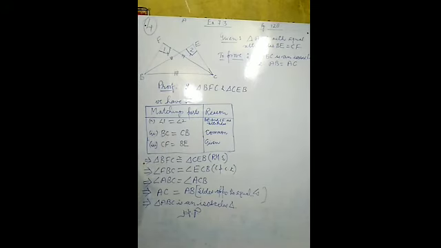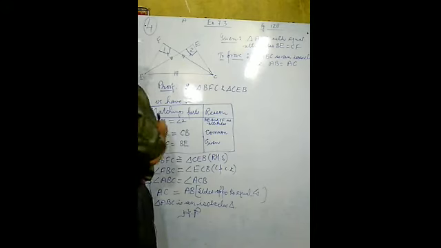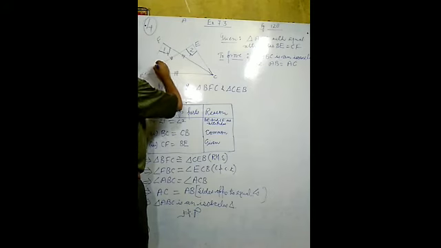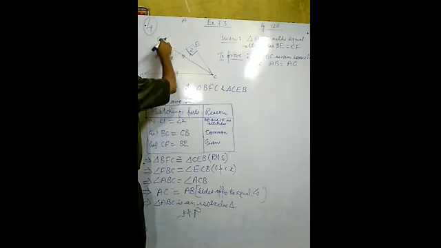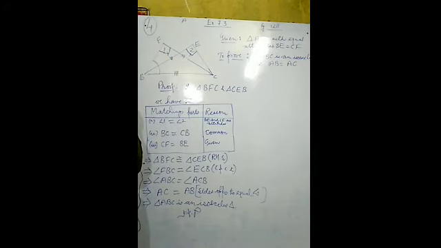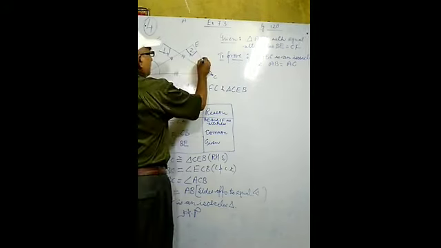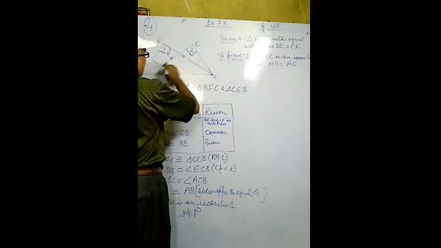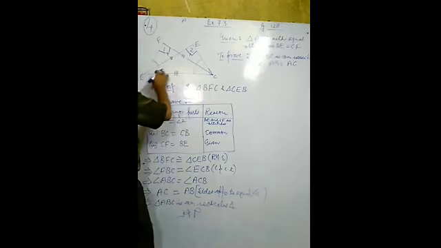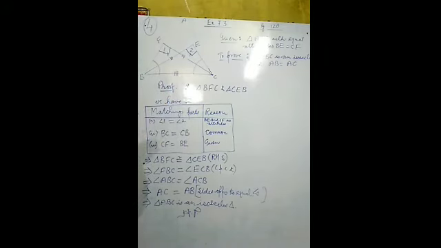So by CPCT we can say that this complete angle of this triangle equals this complete angle of this triangle, because both the triangles are congruent.